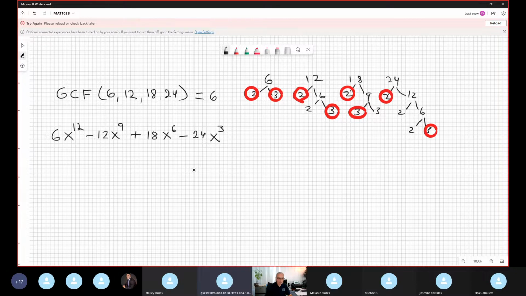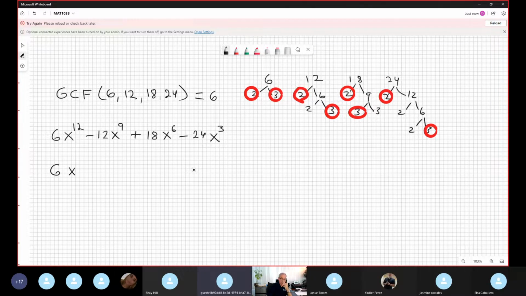Okay, so now what about the variable? 6 is the numerical greatest common factor, and x, I saw x. But how many x? How many x do you put outside the factorization? Only one? Come on, help me.